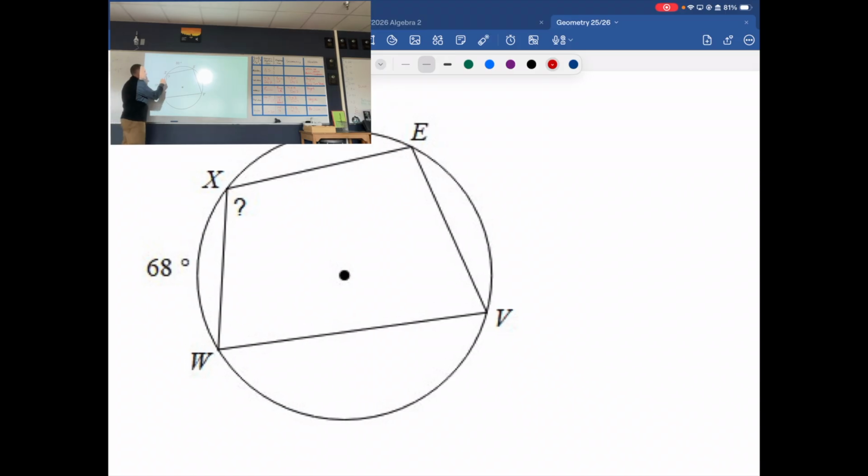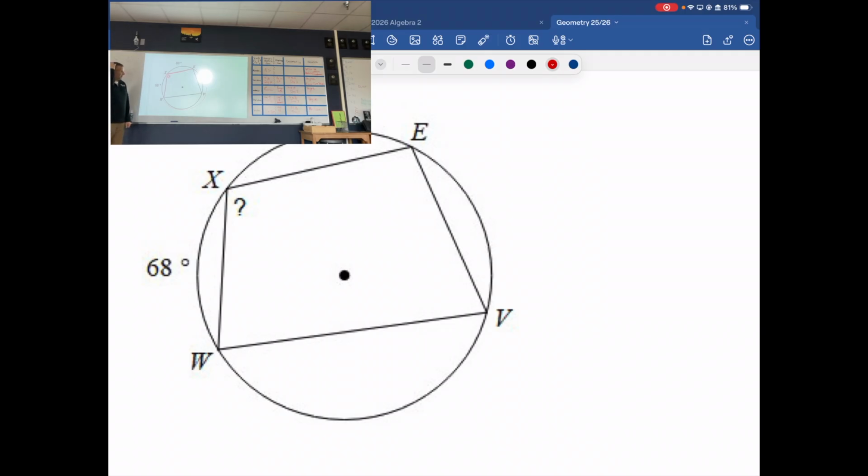This is what I have to find. I have to find the measure of that angle right there. I have to find this cone. If I look at this and I draw in the two chords that make up that inscribed angle, these two chords, XE and XW, make up my inscribed angle, and then this right here, that's my ice cream.